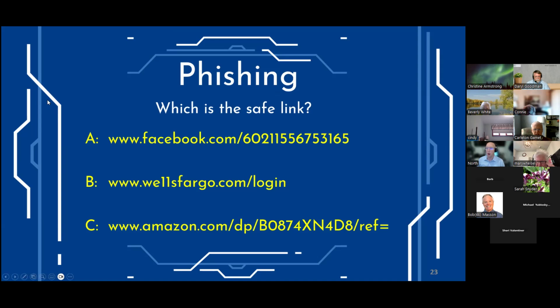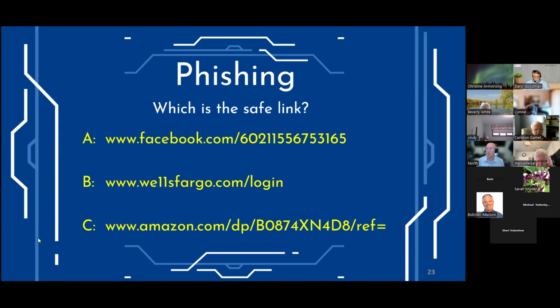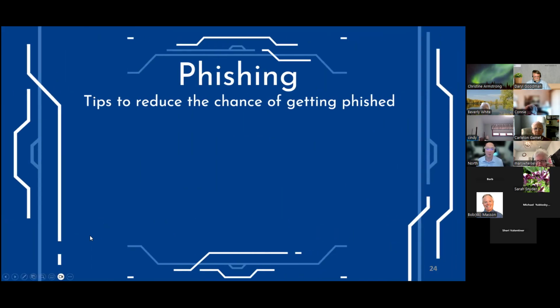So be aware. The best state that you can be in today is trust nothing, confirm everything. So you're going to want to make sure that you've got tools in place that will look at every single link, because with the number of malicious links out there, it's very difficult to trust a link. Bottom line is you can't tell if it's safe or not.